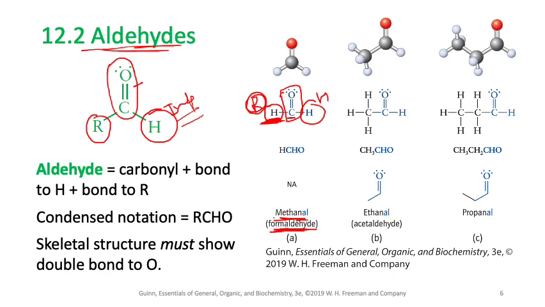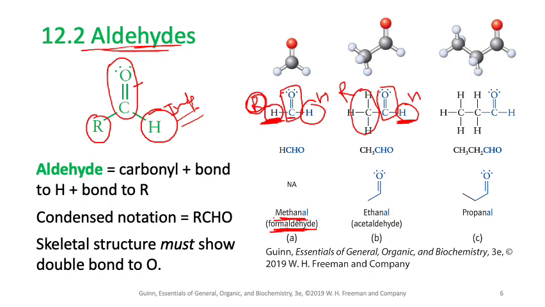Let's talk about the other example. Let's see this example. You have an R, a carbonyl group. What's this group? The R group. And then what's this group? This is an H. So you have an R, you have carbonyl, you have a hydrogen on the fourth bond. So that's why this is an aldehyde, right?